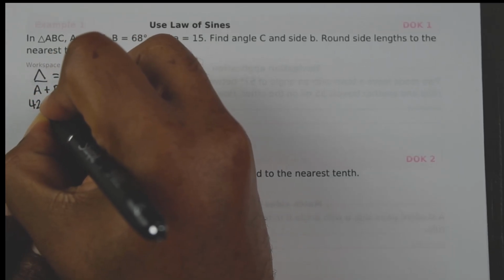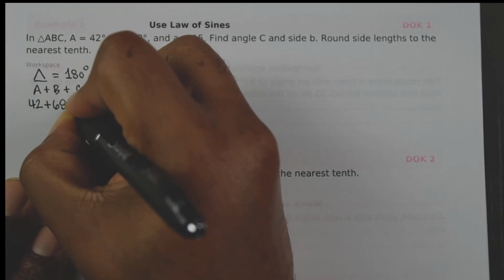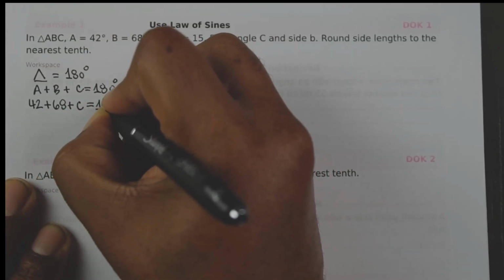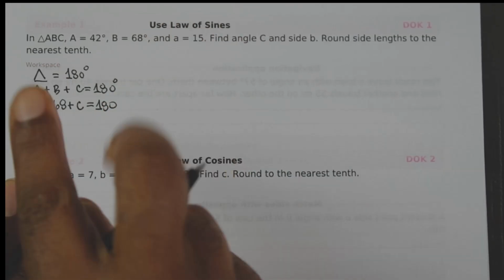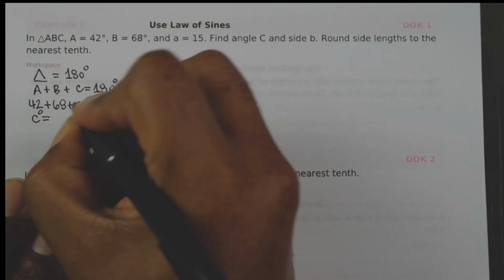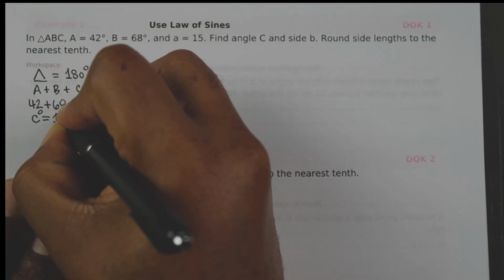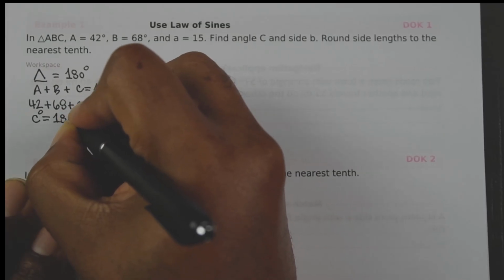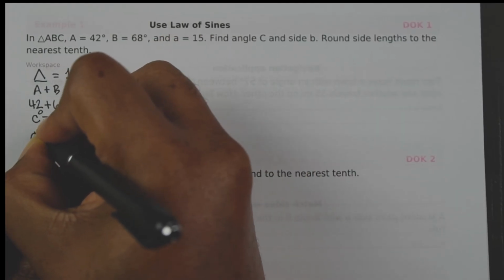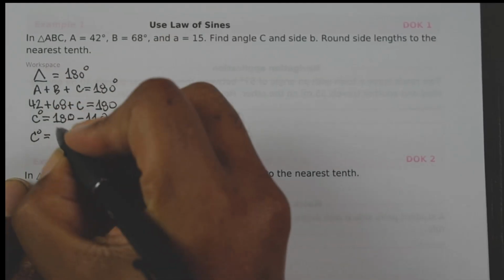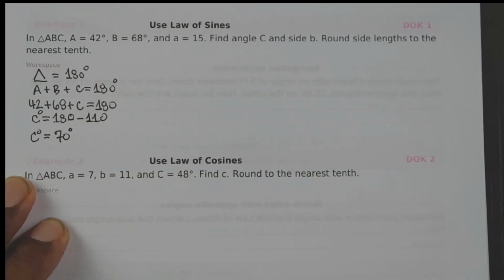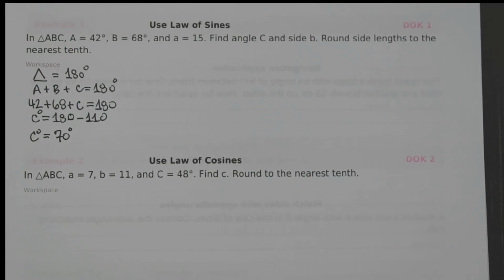So that's 42 plus 68 plus C equals 180. This is going to give me 110. So I'm going to go ahead and skip the line and say C degrees is 180 minus 110. So the degrees for C is 70 degrees. Okay. So we have 70 degrees.